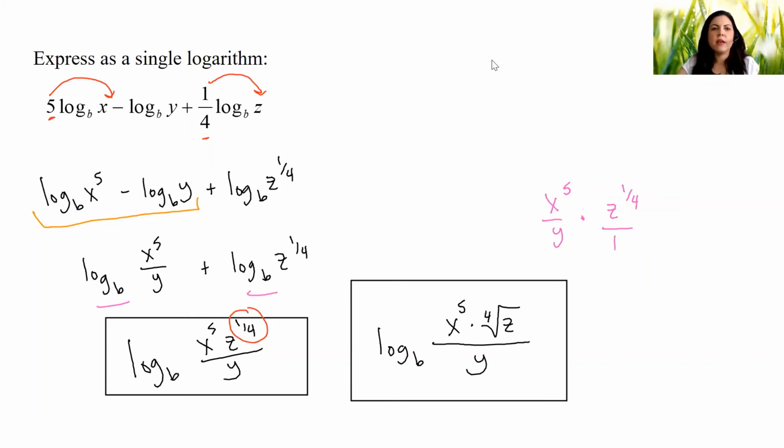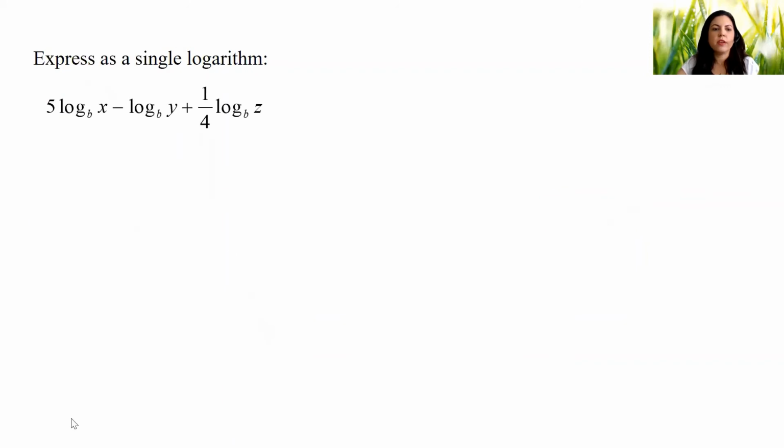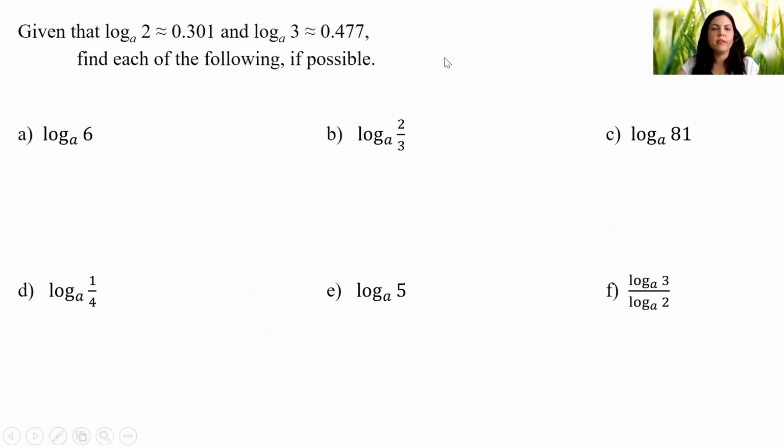All right, in my next slide, we are going to use these properties to now help us find certain values. So here they are giving us specific values for log base a of 2 and also for log base a of 3. We can't really use this to figure out what a is.